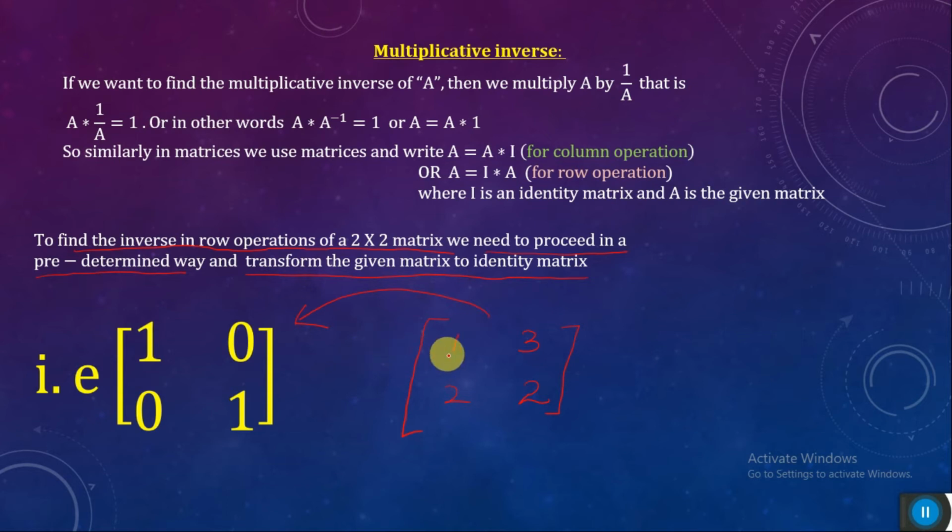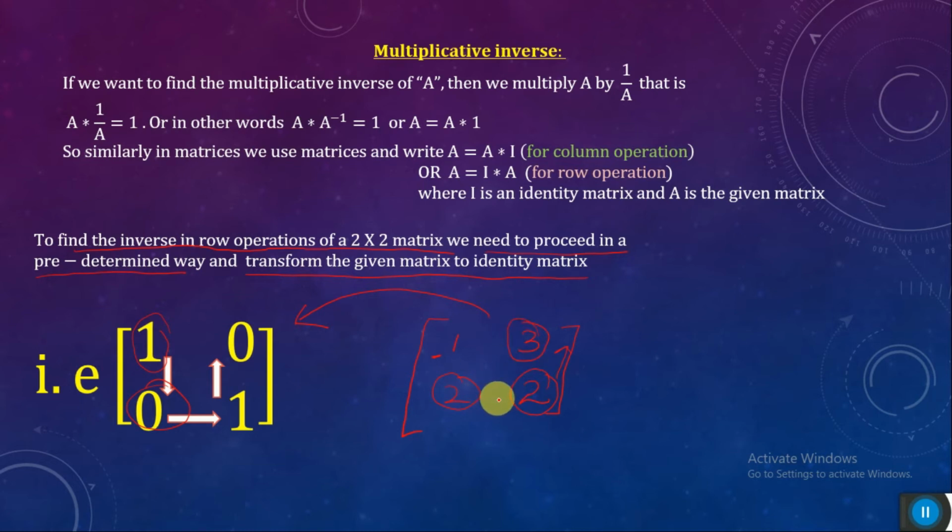Why I'm saying that, we will solve an example and I will show you. See, you have to proceed in this way. First you need to make this element here 1, then go to this, then you need to make the second element 0. This one will make 0, then you move in this direction, then you make this one 1, then you move in this direction and make this 0.